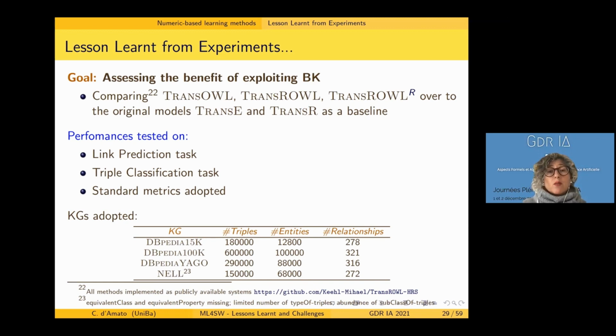We tested these models on a number of link prediction and triple classification tasks by adopting standard metrics. As knowledge graphs, we considered publicly available ones, and among the others we picked NELL on purpose because this would serve as a sort of stress test for our models.